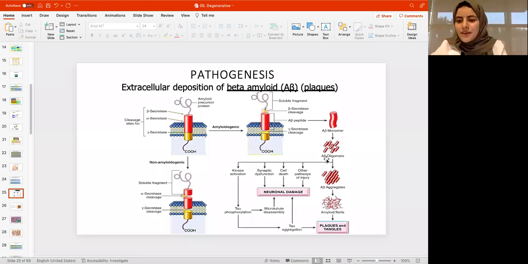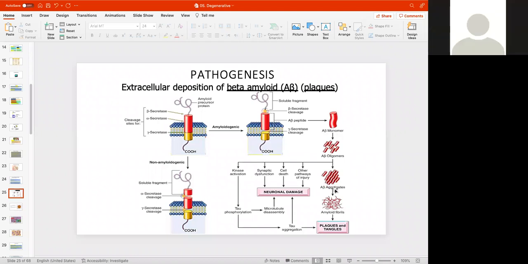Yep. And actually at the beginning, the beta amyloid will accumulate. Then after accumulation of the beta amyloid, that will help the tau proteins to form.